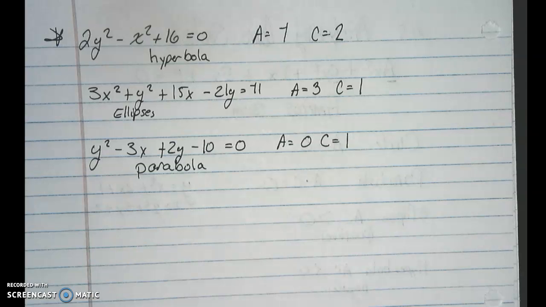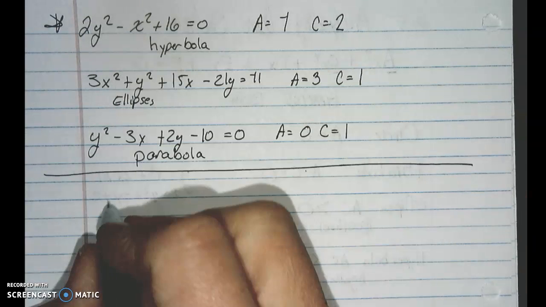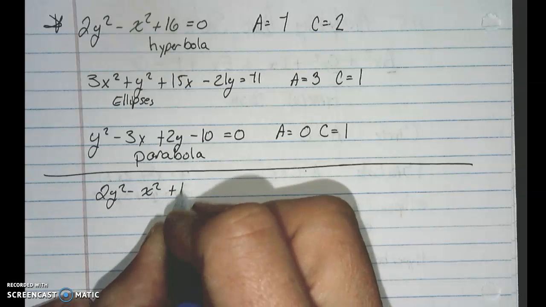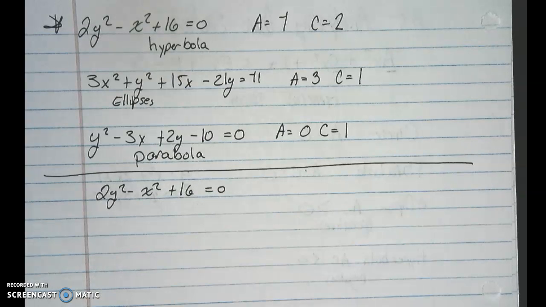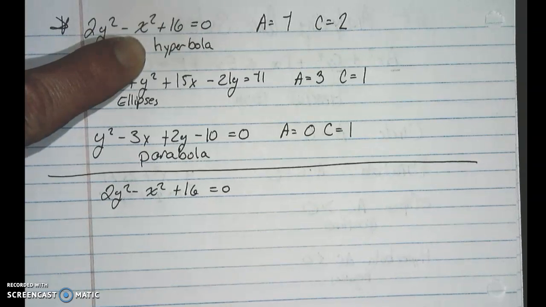Okay. So let's go back, kind of review a little bit with this one right here. So we got 2y squared minus x squared plus 16 is equal to 0. We already know that it's going to be a hyperbola.